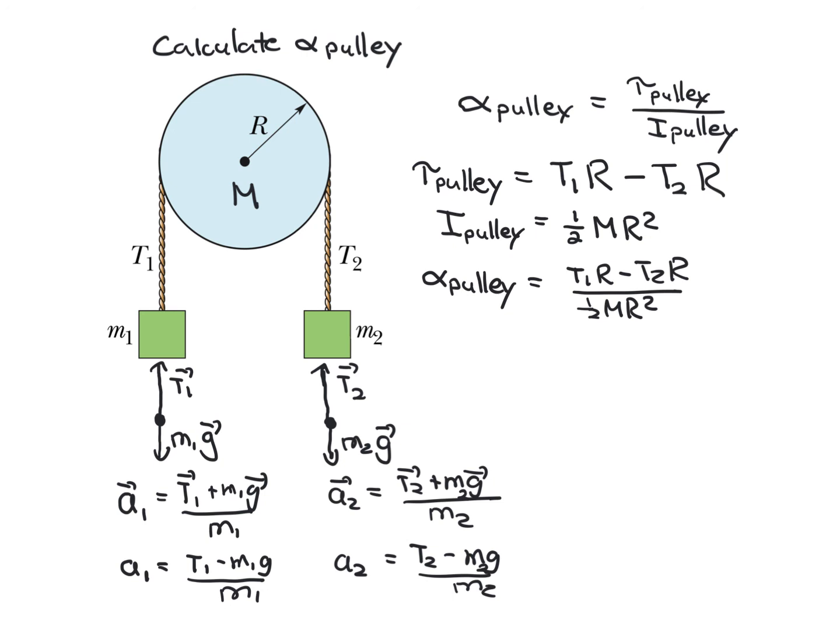Okay, and now acceleration 1 and acceleration 2 are related to one another. If 1 goes up, 2 goes down, and vice versa. So that must mean that a1 is equal to minus a2. Okay, so I think this is about as far as I want to move the problem along.